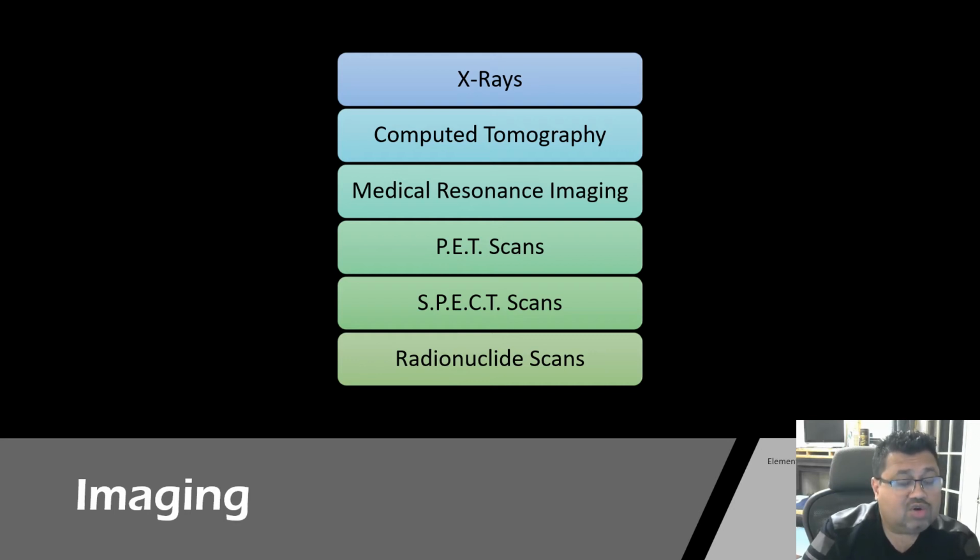And radionuclide scans are basically bone scans that show you things like very, very early stress fractures or cancer in the bones. So there are various indications and various strengths and various reasons why these tests are done.